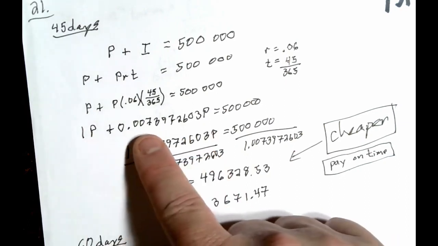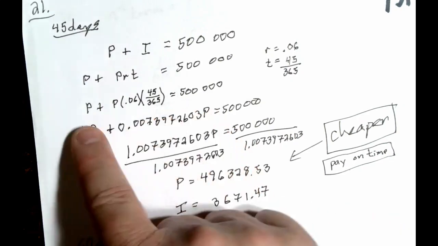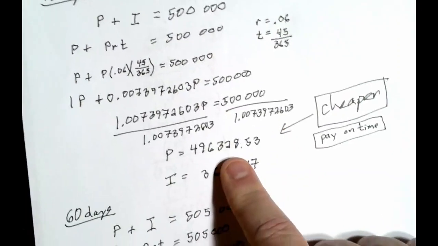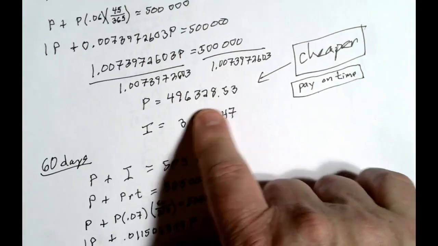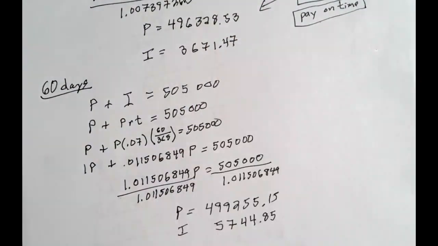Just like 1x plus 0.007x is 1.007x, because they're both P's. You add them together. And now divide both sides by that number, and you get P is 496,328.53. That's how much you need to come up with initially. And your interest would be whatever the difference is there.